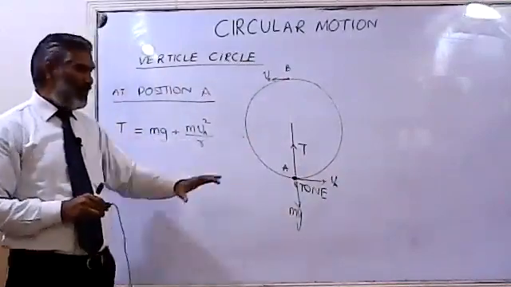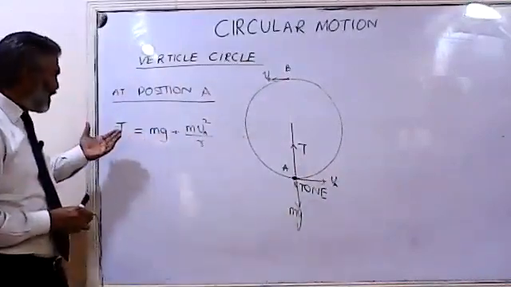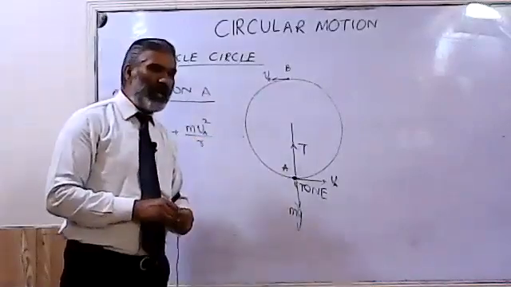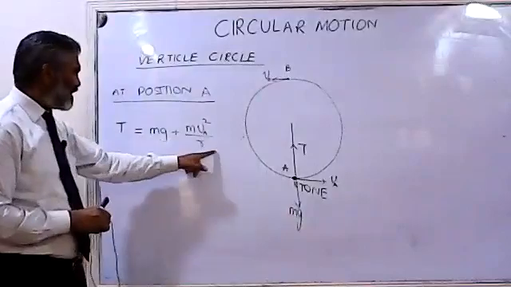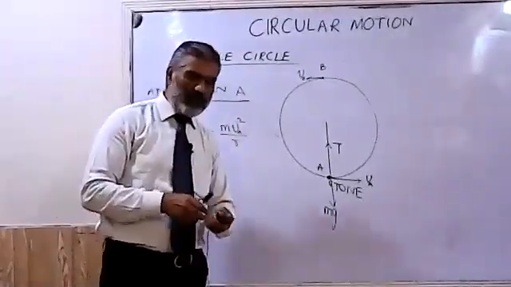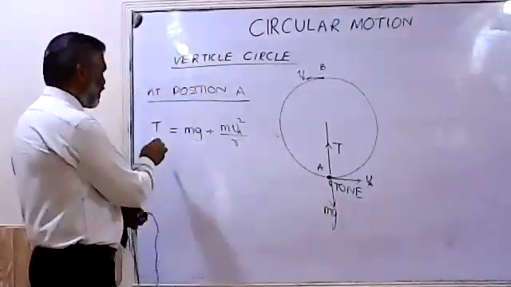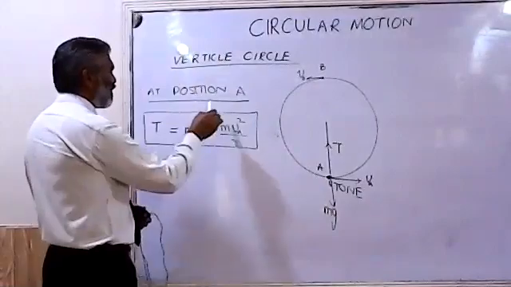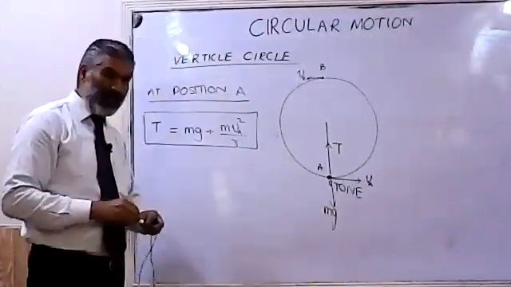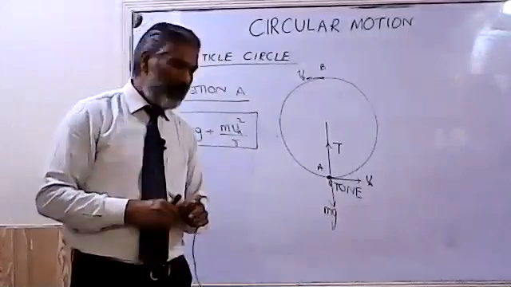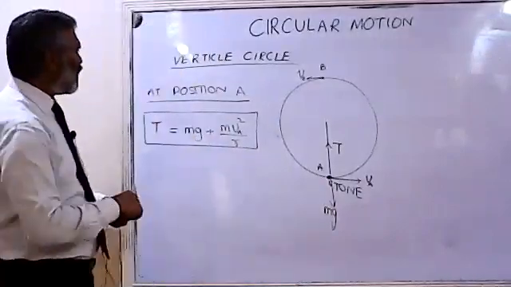That means in order to provide this centripetal force, it must be strong enough. If this sum exceeds this tension, the string will obviously snap. So this is our equation for the position that we have labeled as position A. This is the bottom of the circle. Now for position B.